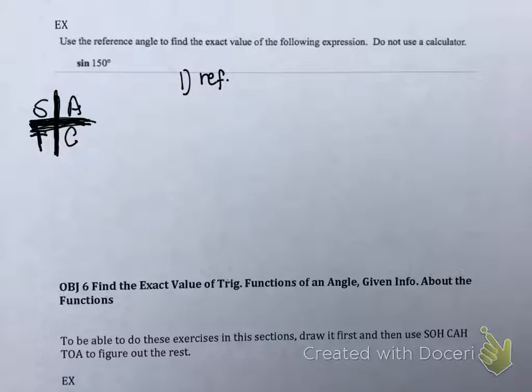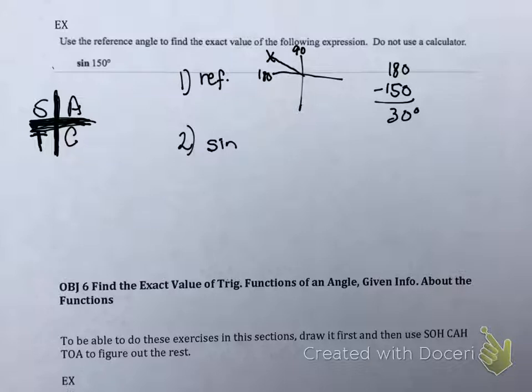Okay, so I'm in quadrant 2. Remember, I told you to figure out where you're at. Here's 180 degrees. Here's 90. Here's where I am at 150. So I'm going to take 180 less 150, and I get 30 degrees. Okay, 2. Find the value. So sine at 30 degrees, that's what we're looking for.